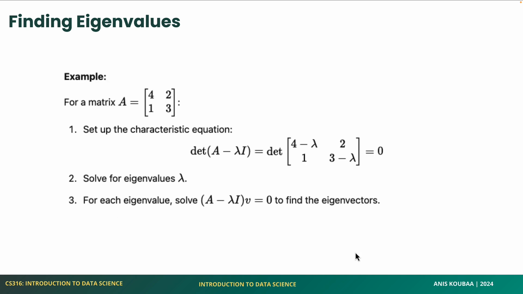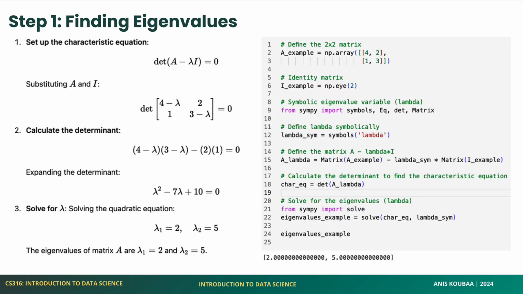Look at this simple example. You have a two-dimensional matrix. We calculate the determinant of A minus lambda I, so 4 minus lambda, this is 0, so it remains 2, 1, 3 minus lambda equal to 0. So I have a simple equation system over here that I need to solve. I calculate the determinant, which is this quantity minus the product of these quantities by definition of the determinant.